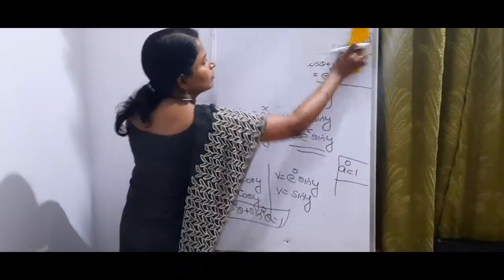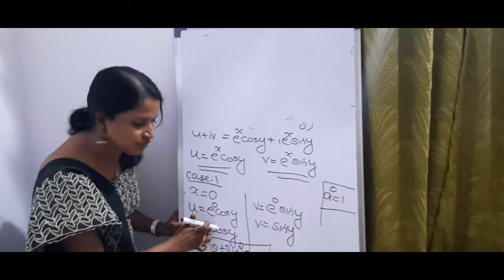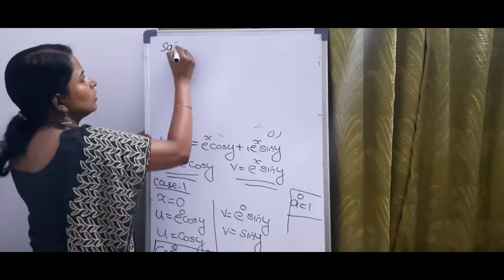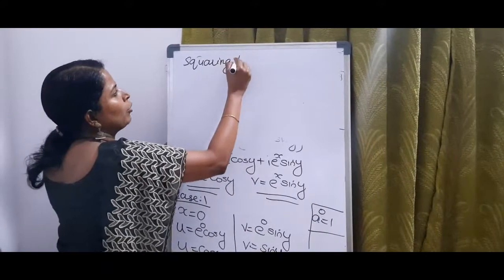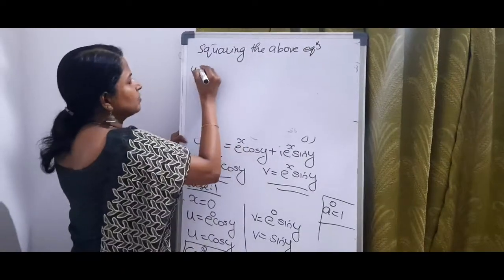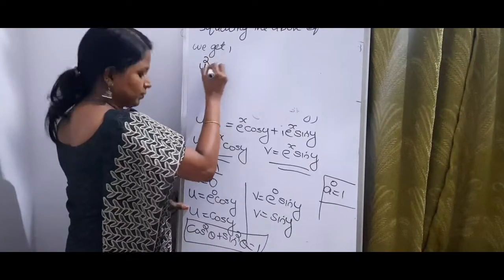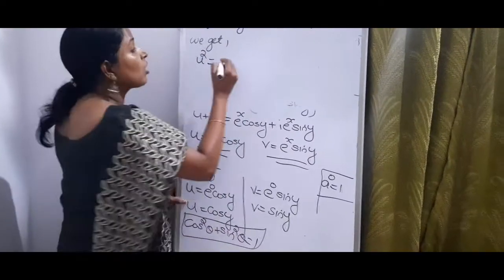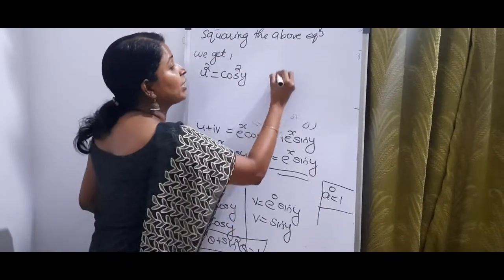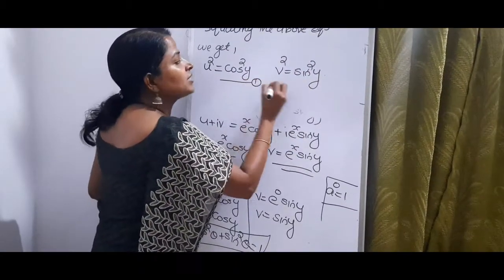So, squaring these two equations, u equal to cos y and v equal to sin y, we get u square equal to cos square y, and v square equal to sin square y. This is equation number 1 and this is equation number 2.